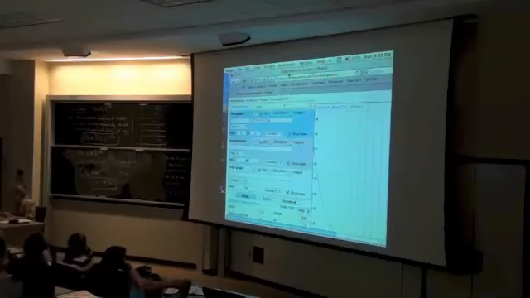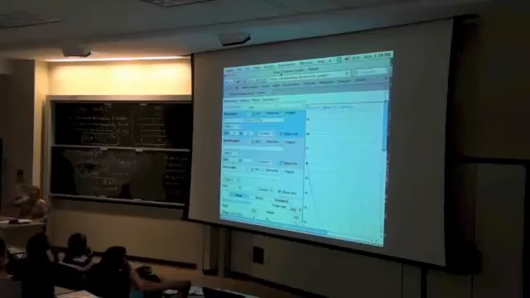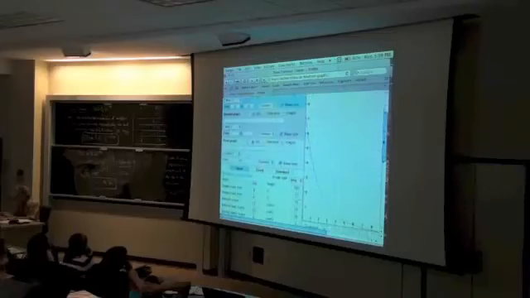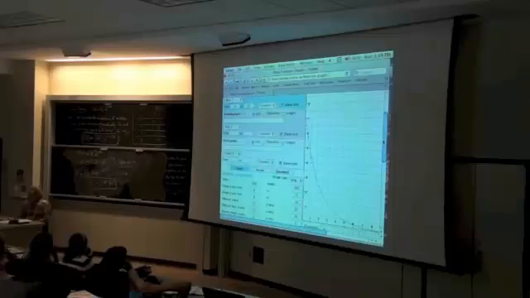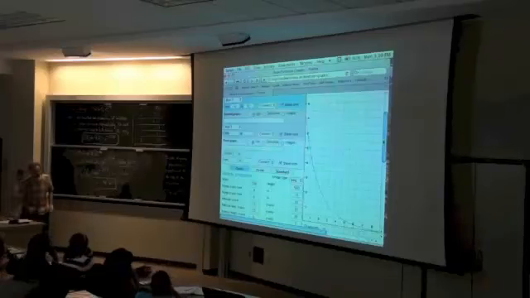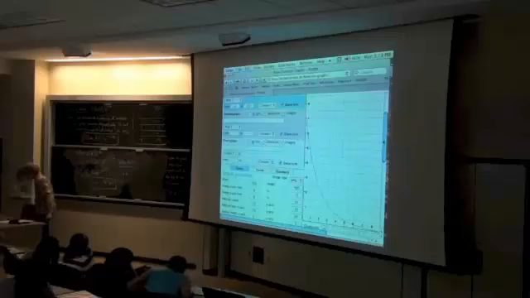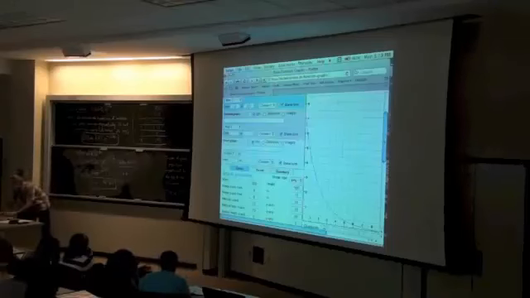This is a plotting tool that's really easy to use, and you'll be able to use this on one of these assignments. But here's the graph of a function. And you can graph more than one function and see where they intersect and things like that.